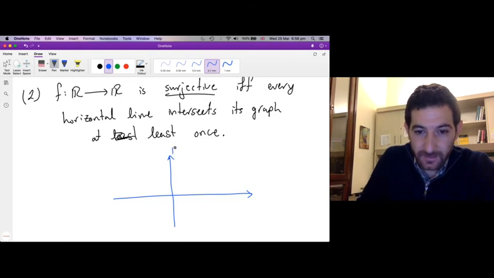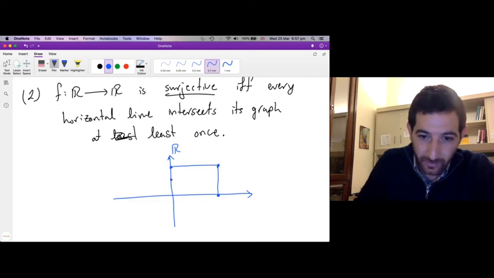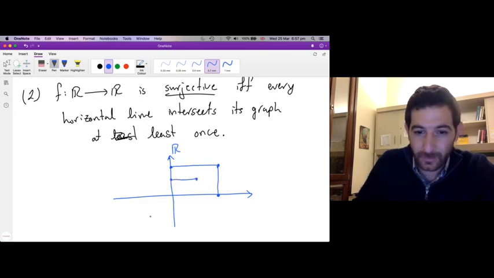So this axis represents the codomain. It means that every point in the codomain must have a pre-image. So at some point we must have a pre-image for it. So this point has to be on the curve, and if you choose another point, it has to have a pre-image.